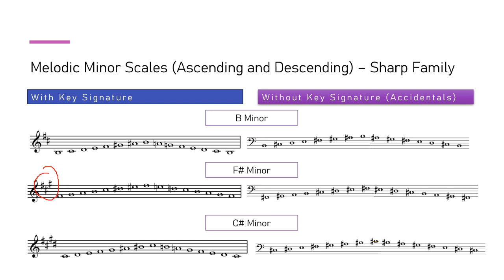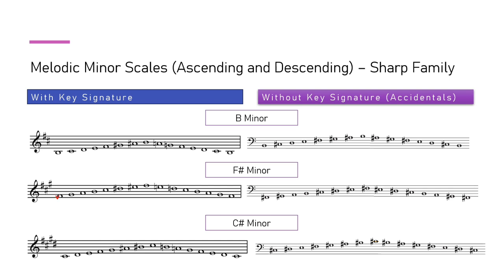But if you look at this, this is F. Now, if they ask you what key is this note, you may say, oh, it's F major. No, it's not F major, because you should know that F major is a flat family.